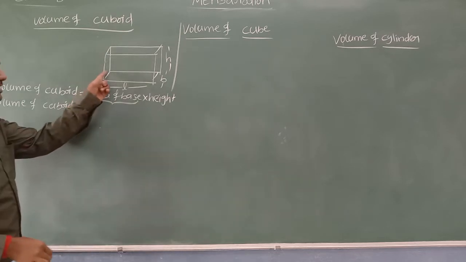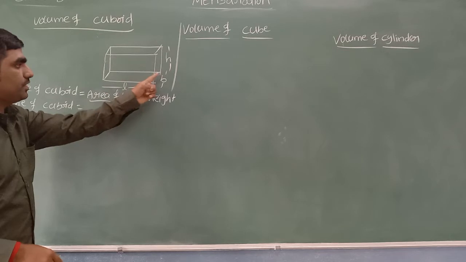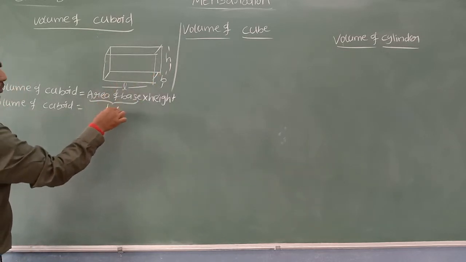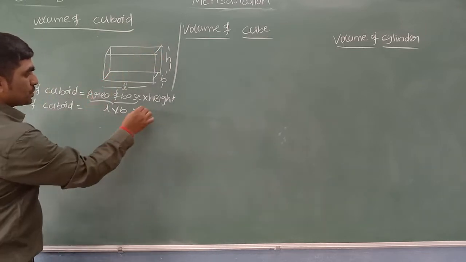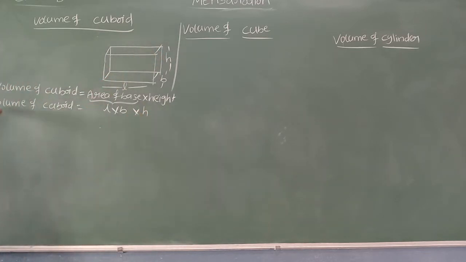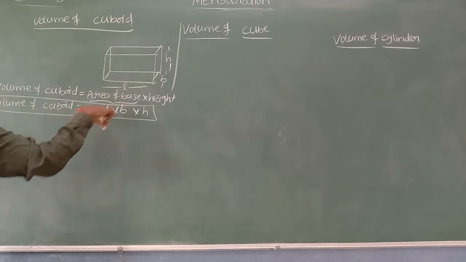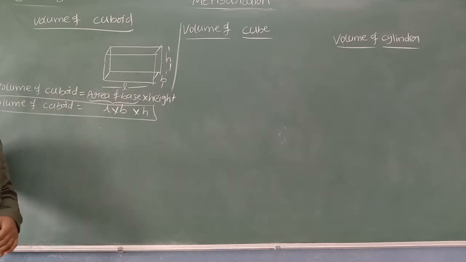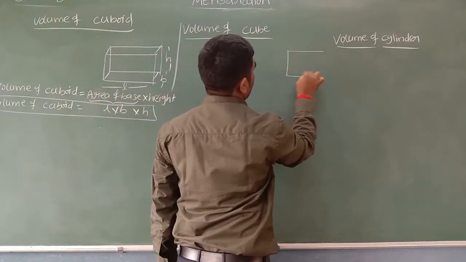Here the base is rectangle shaped. So the area of the rectangle is what? Length into breadth. And height we already denoted with h. So write down h. This is the formula to find the volume of a cuboid: length into breadth into height.